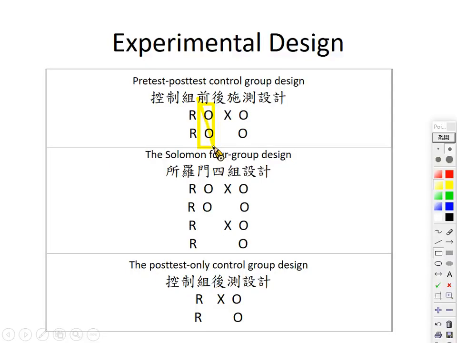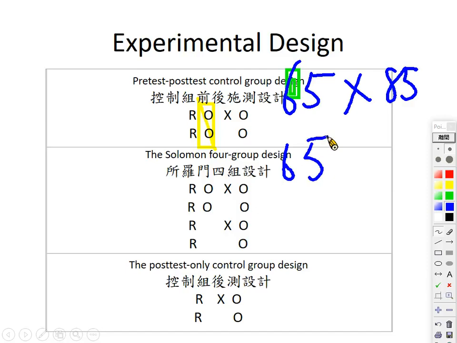And 65 to 75, so look here. 65 to 85, okay, great. And 65 to 75. In this case, in the pre-test, post-test control group design, we have the baseline to compare. We know how much improvement the treatment can do to this experiment group, right?